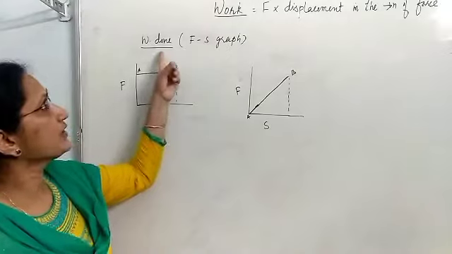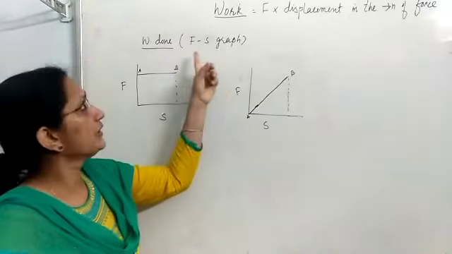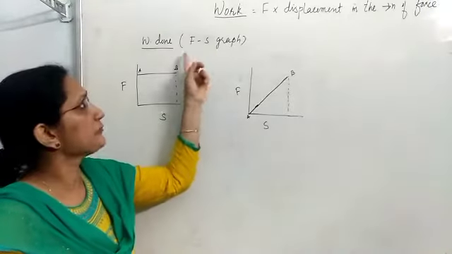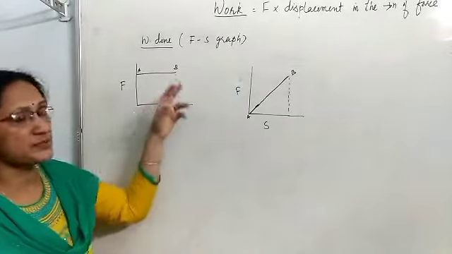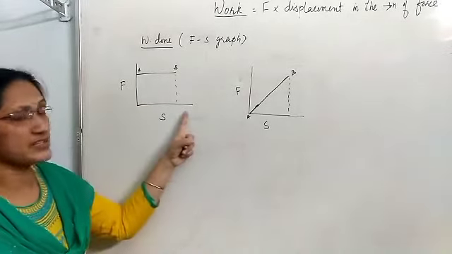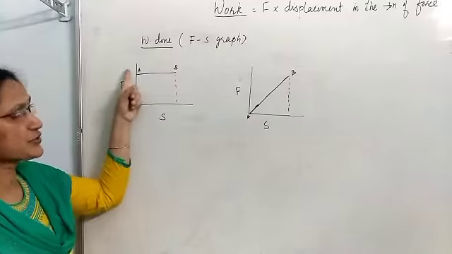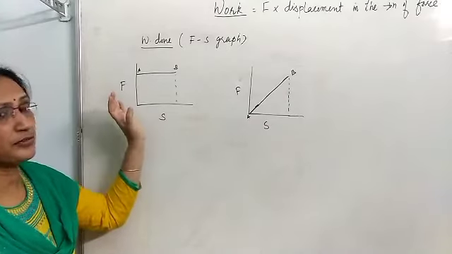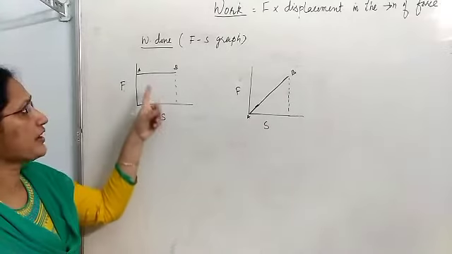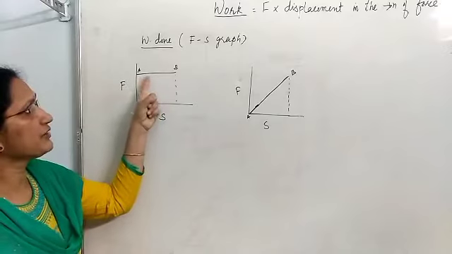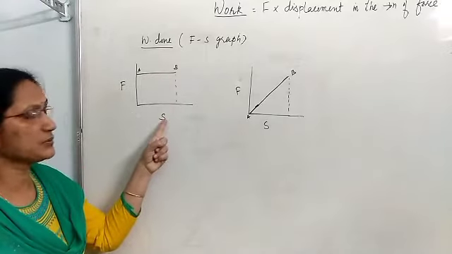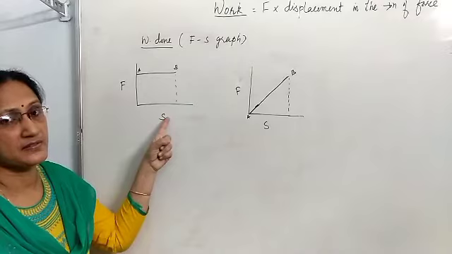Now work done can be found out from the force-displacement graph, the Fs graph. In the force-displacement graph, displacement is marked on the x-axis and force on the y-axis. If a constant or steady force acts on a body, the graph line will be a straight line parallel to the displacement axis.